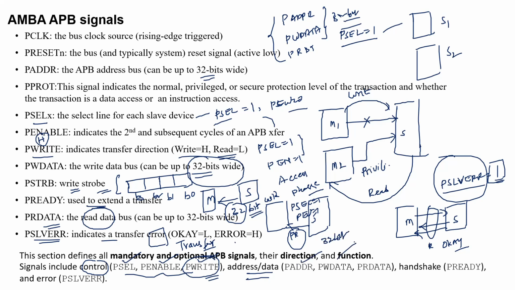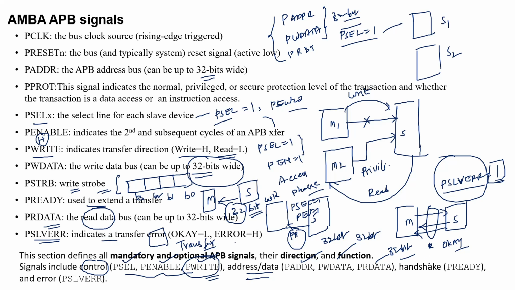Similarly, write data is 32-bit and read data is 32-bit. During a write operation, address and write data are both there. But during a read operation, we don't need any data signal. We put the address, and based on the address, it gets the data.